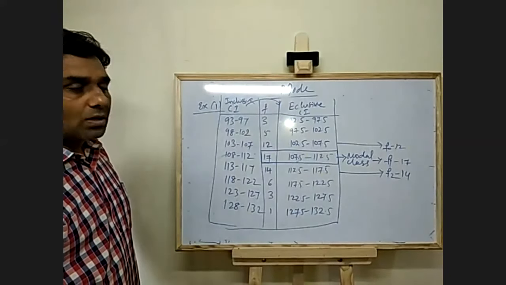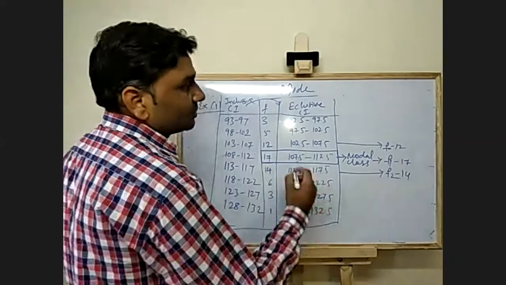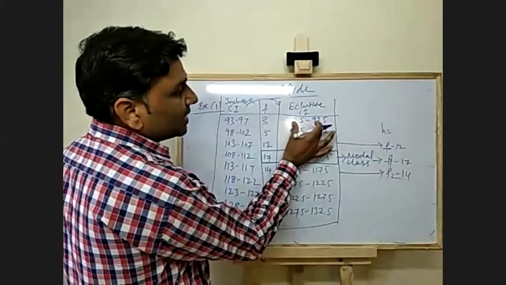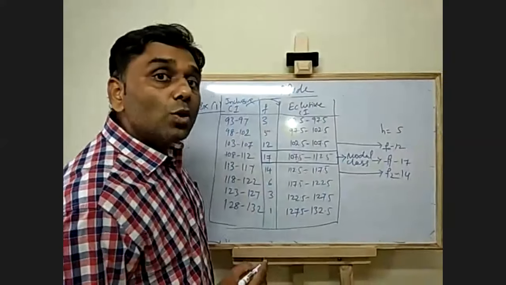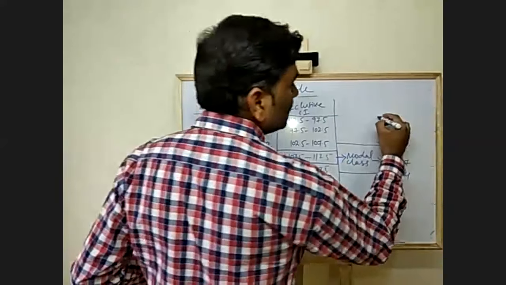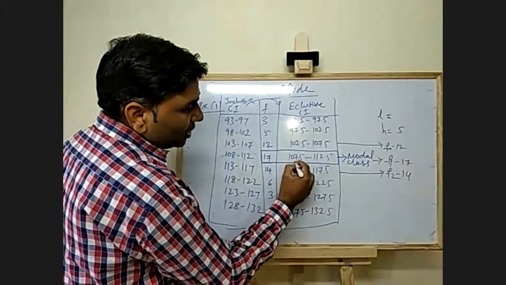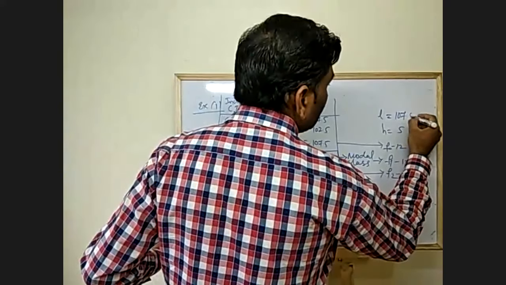Right. Now what do you have to do? How much is H? H is the magnitude of the class, which is 5. What is the lower limit of the modal class? L is the lower limit of the modal class, which is 107.5.